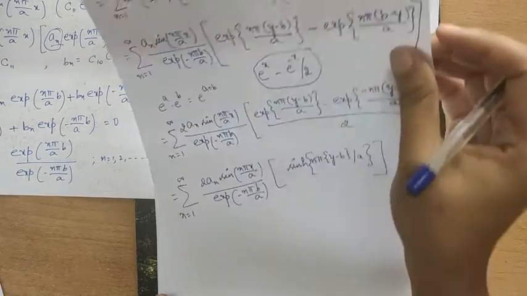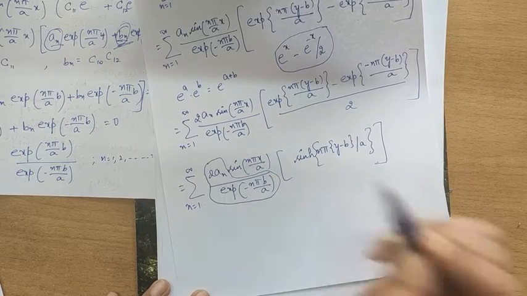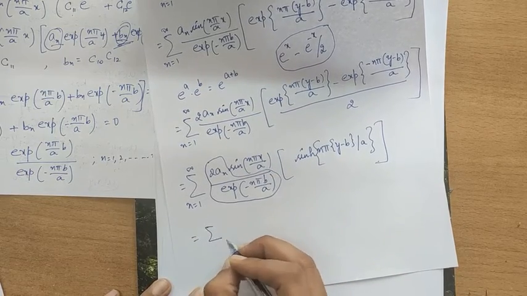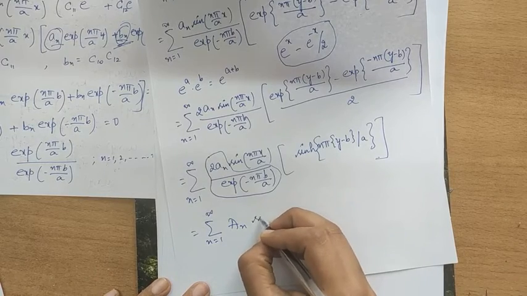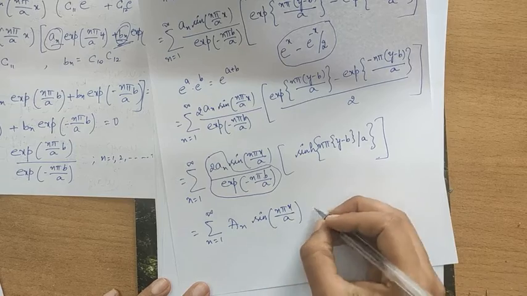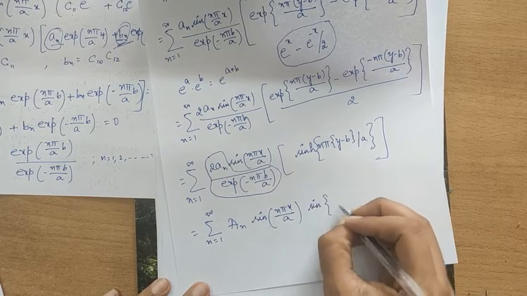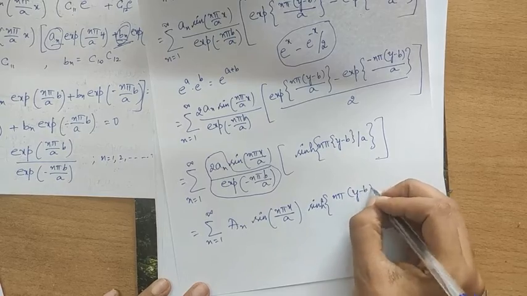So now I will choose this term as an. So I will get summation n is equal to 1 to infinity an sin n pi x by a into sin hyperbolic n pi into y minus b by a.